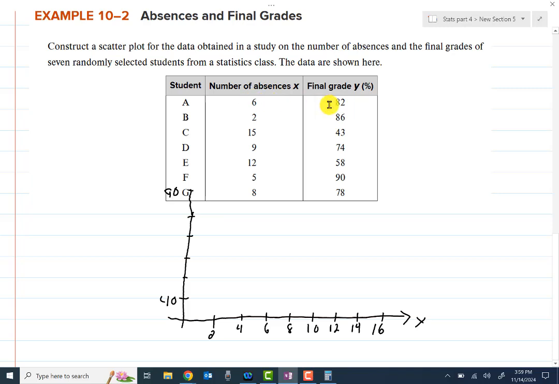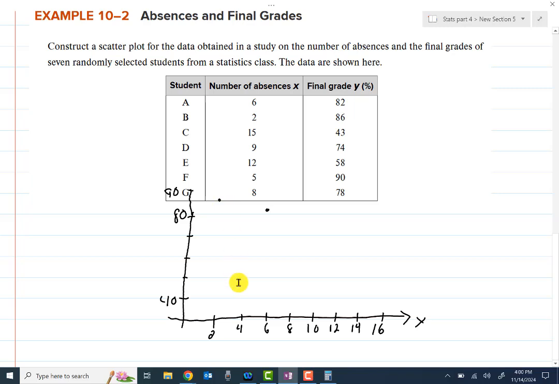So when x is 6, y is about 82. So I'm going to 6, and then 80 is here. So 6 go up to 80, a little over 80 to 82 maybe. All right, and then when x is 2, y is 86. So it's going from 2, I'm going to go a little more than halfway between 80 and 90.